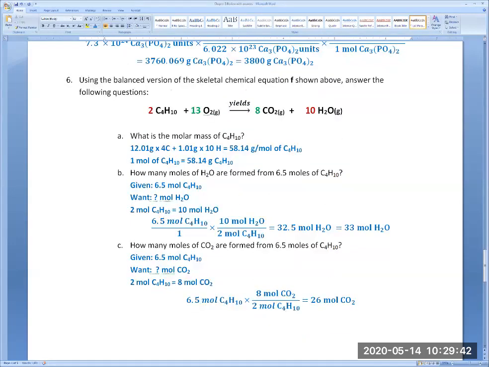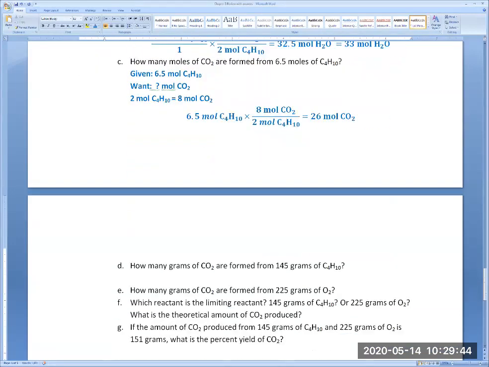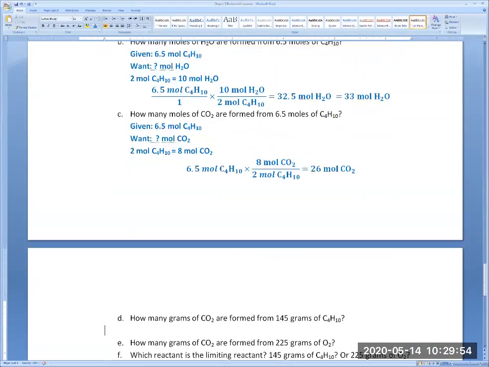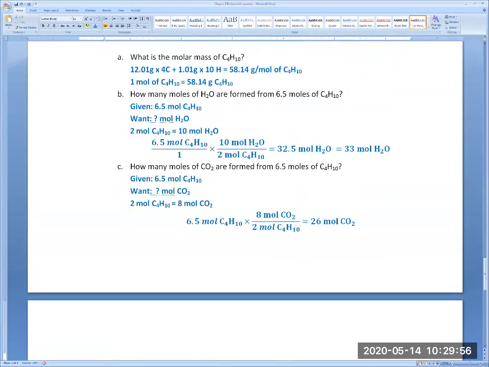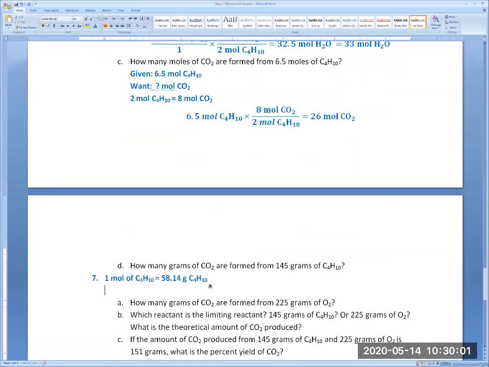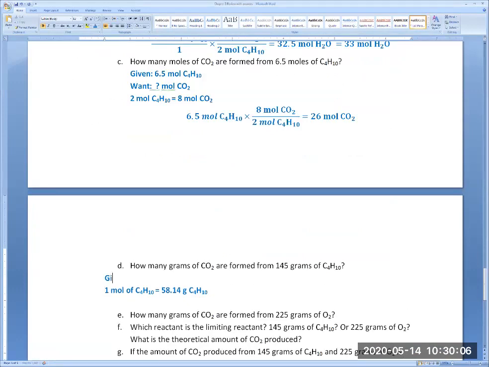So that tells you you will need to convert the given grams here, 145 grams of C4H10, to moles of C4H10. And that's where the molar mass is handy here. So let me copy that. We'll need that for sure because the given is 145 grams of C4H10, right?